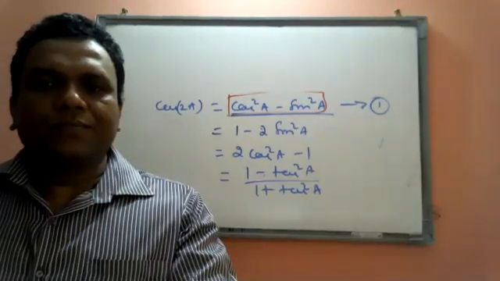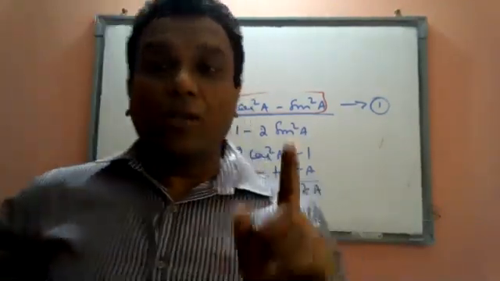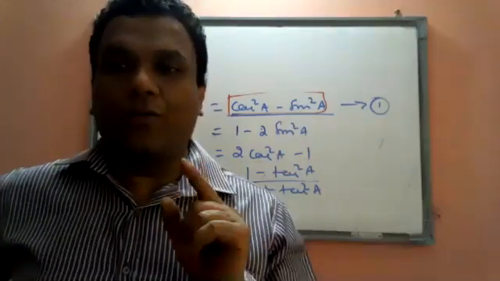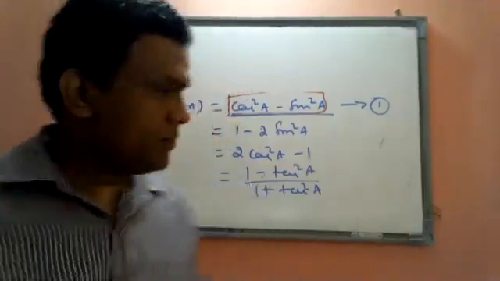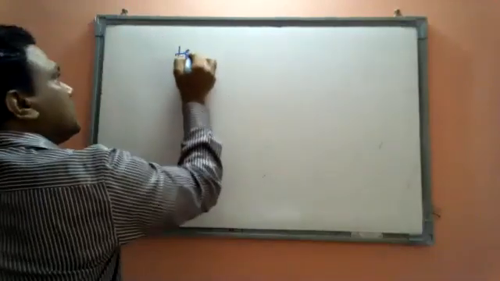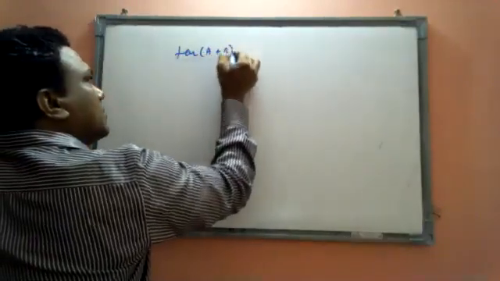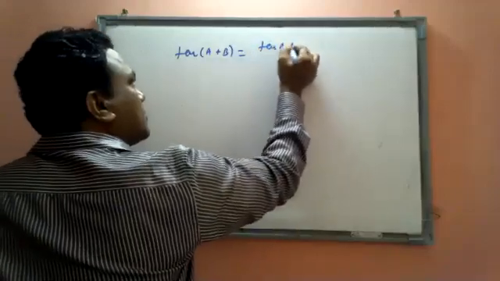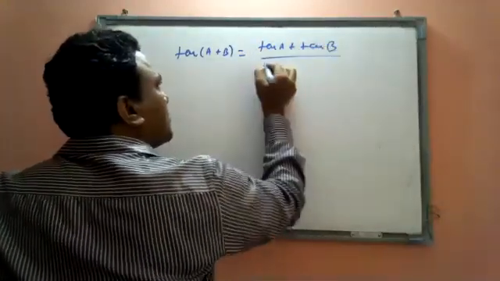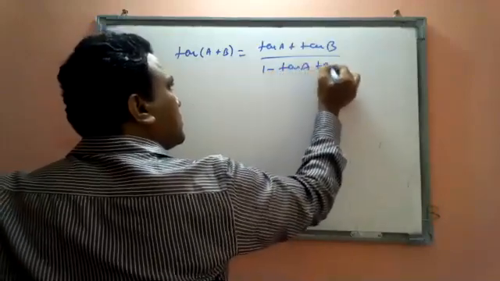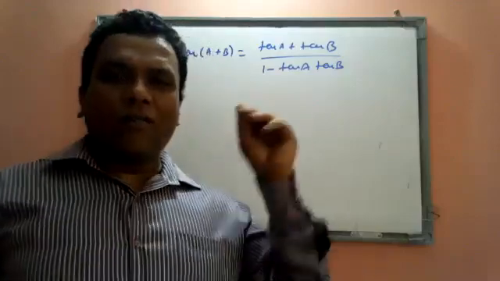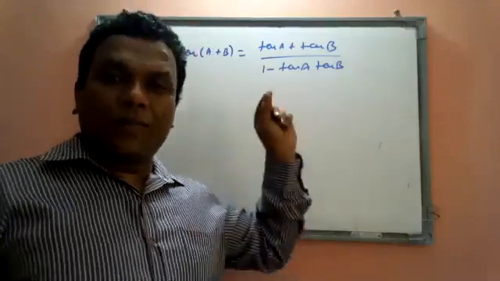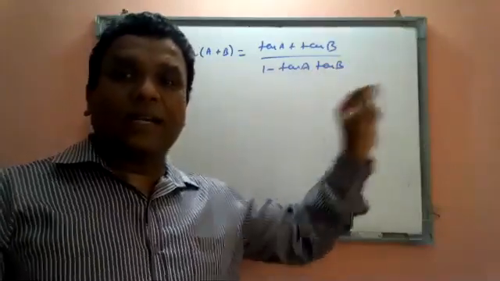Okay, fine. So sin 2a is done, cos 2a is done. Now I should go for tan 2a. We have a formula of tan of a plus b, right? tan of a plus b is equal to tan a plus tan b by 1 minus tan a tan b.